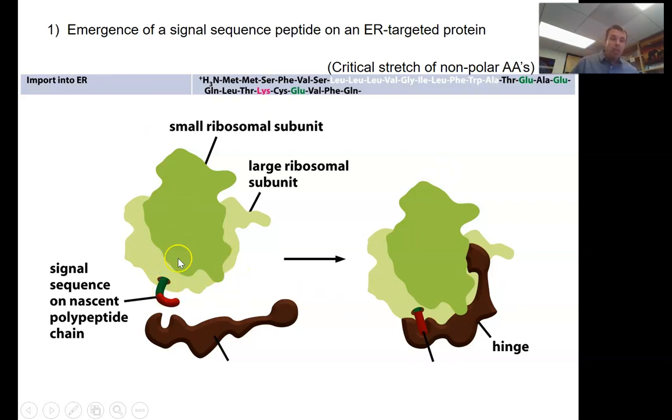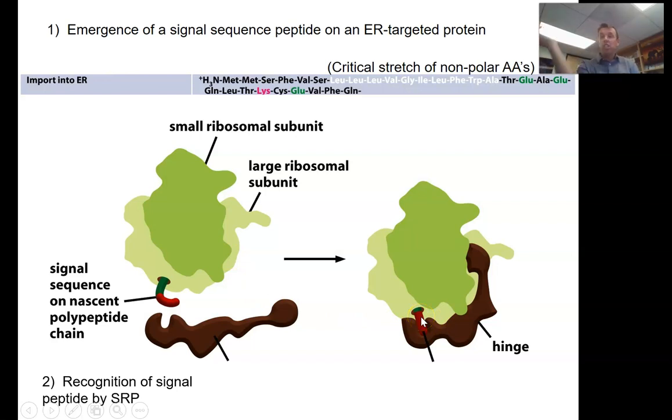So we have the ribosome. The ribosome is translating the protein, and out pops a signal sequence. That signal sequence is hydrophobic, and therefore it binds nicely to this cleft on the signal recognition particle, SRP. When the SRP binds to the signal peptide, it causes a conformation change.